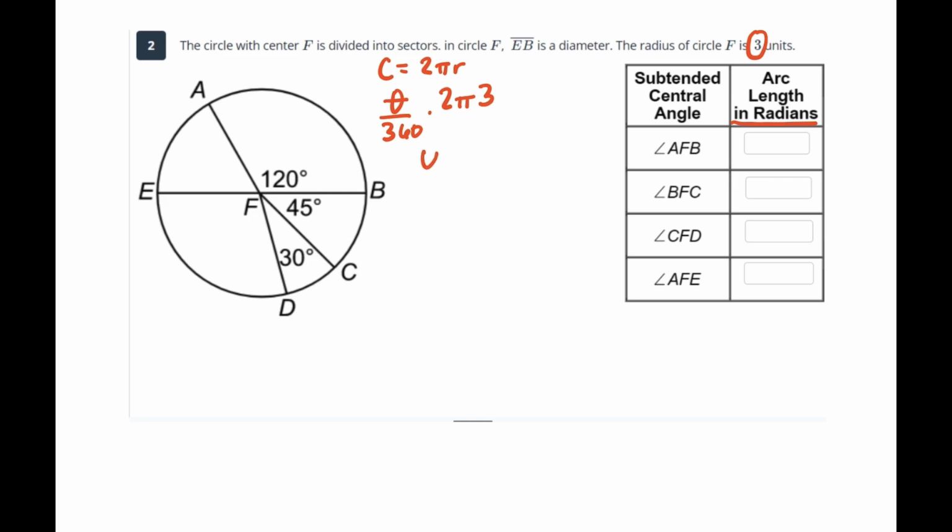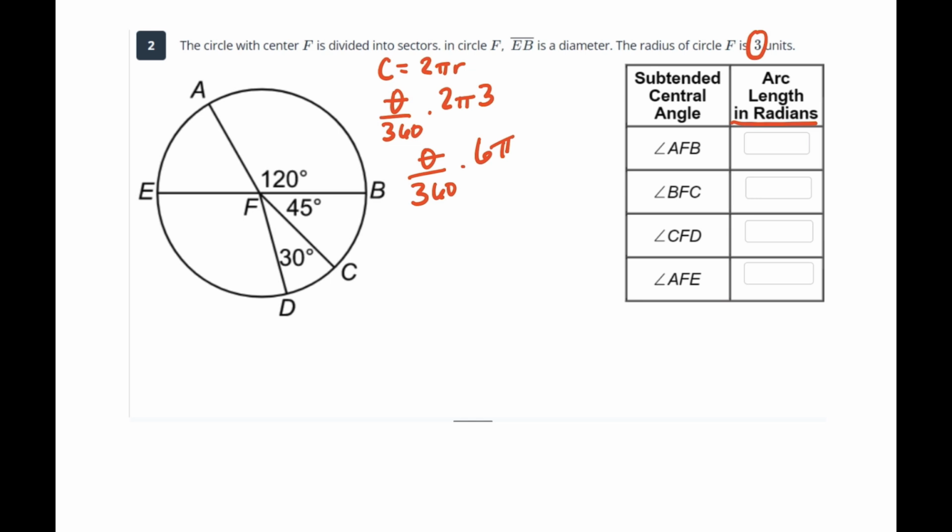So you will be multiplying everything by 6 pi. You're going to take your degrees, put it over 360. You can reduce that, multiply it by 6. It wants it in radians. We're going to keep pi in there until it says, hey, round to the nearest whatever, because remember, pi is giving us our exact answer.